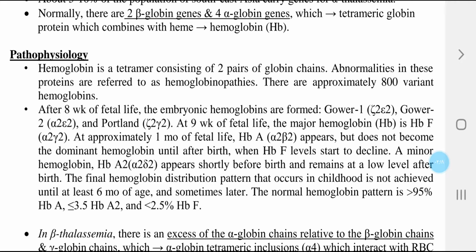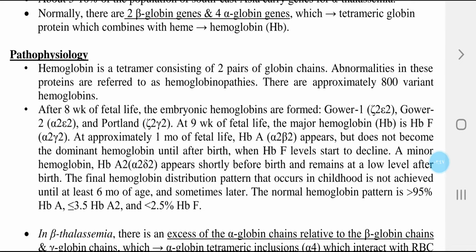When hemoglobin F levels start to decline, a minor hemoglobin called hemoglobin A2, alpha 2 delta 2, appears shortly after birth and remains at a low level. The final hemoglobin distribution pattern that occurs in childhood is not achieved until at least 6 months of age and sometimes later.